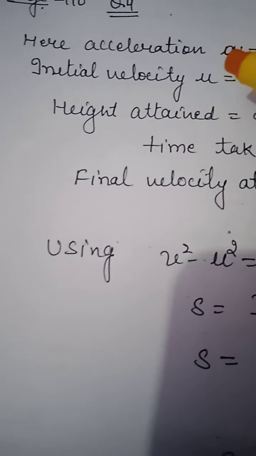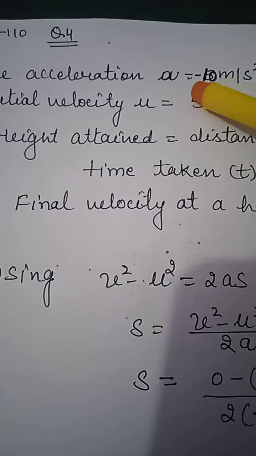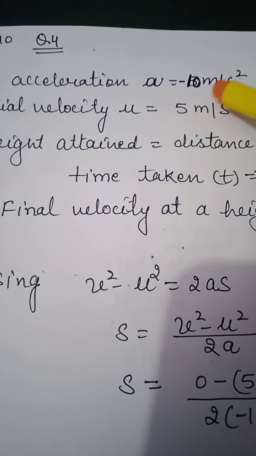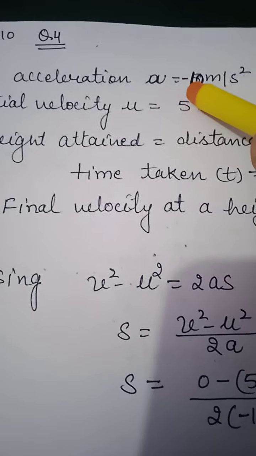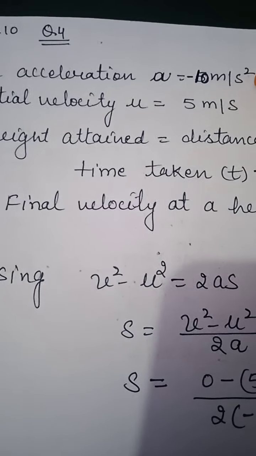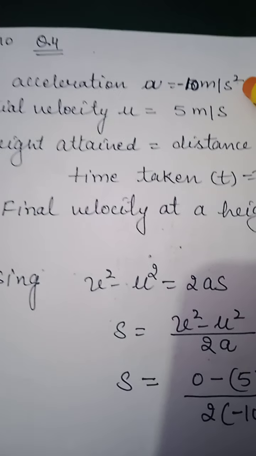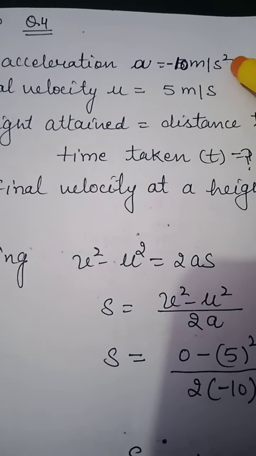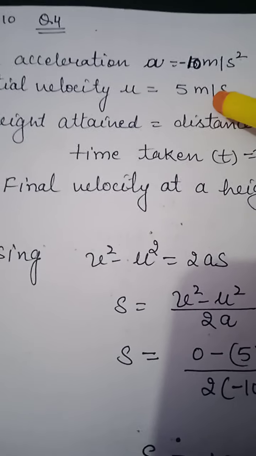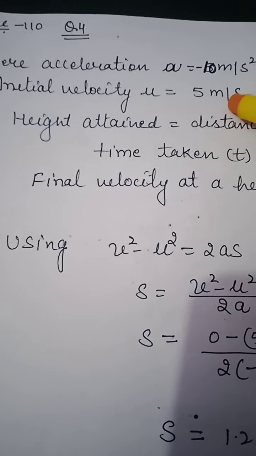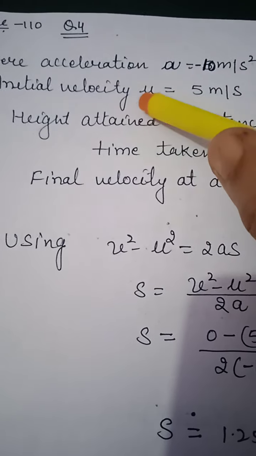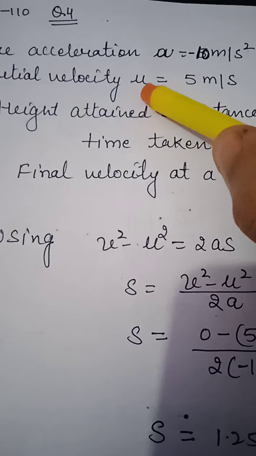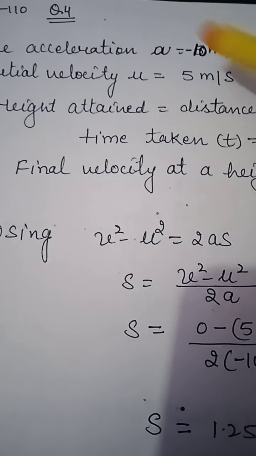So what is given here? Acceleration is given, 10 meter per second square. It is minus 10 meter per second square because the stone is thrown vertically upward and due to gravity it will move downward. Initial velocity, denoted by u, is given: 5 meter per second.